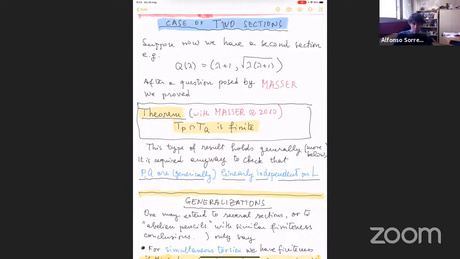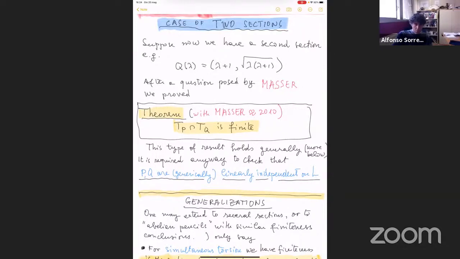So Masser posed some questions several years ago, and he wondered: each section has a torsion set. Each torsion set is infinite, but in another sense small. He asked what can be said about the intersection of the torsion sets, so the lambdas which produce torsion both for the first section and the second.